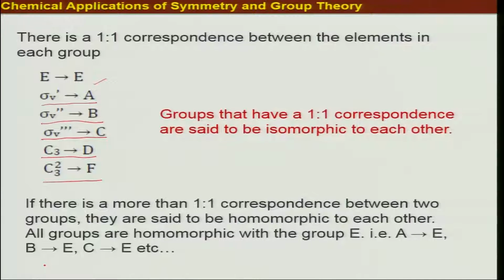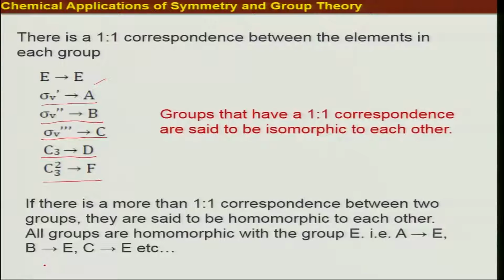Now the groups which have one-to-one correspondence are called isomorphic to each other. So this G6 and the C3v point group are isomorphic. If there is more than one-to-one correspondence between two groups, they are said to be homomorphic to each other.